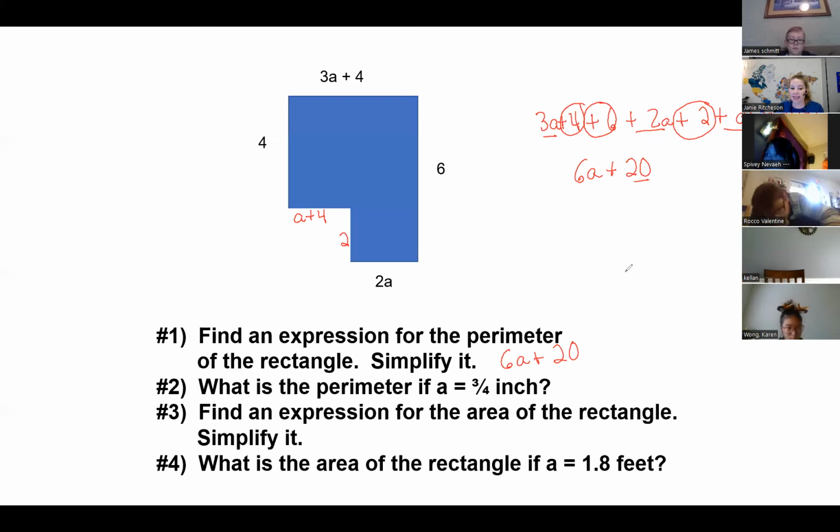And now it says, what if a equals 3/4 of an inch? We're going to substitute 3/4 for a. Okay, we're going to multiply 6 times 3/4 and then add 20.